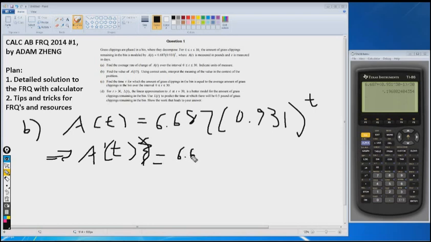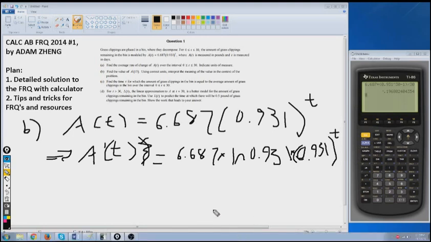equals 6.687 times ln of 0.931 times 0.931 to the t. This is chain rule. It's pretty simple.